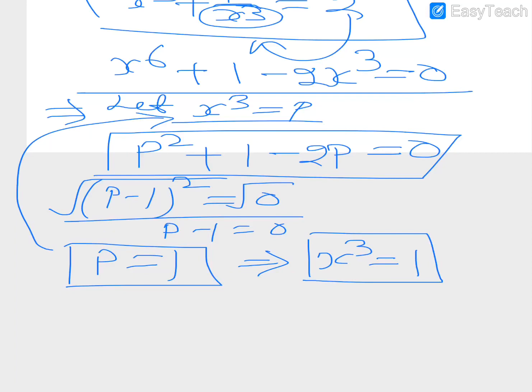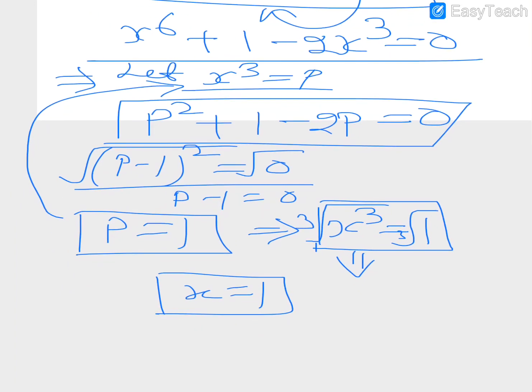Guys, here do not get confused. If you try to solve it in the reverse way, it will give you the wrong answer. Because if you take the cube root on both sides, you will think x equal to 1, and x equal to 1 will not satisfy your main equation, x plus 1 upon x equal to minus 1.